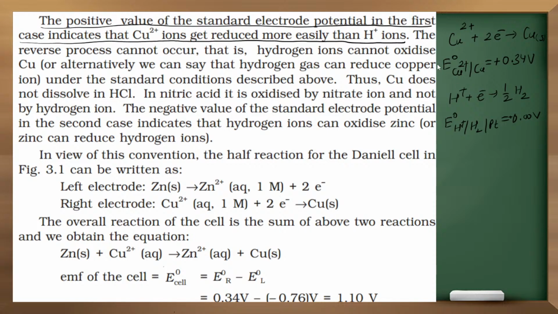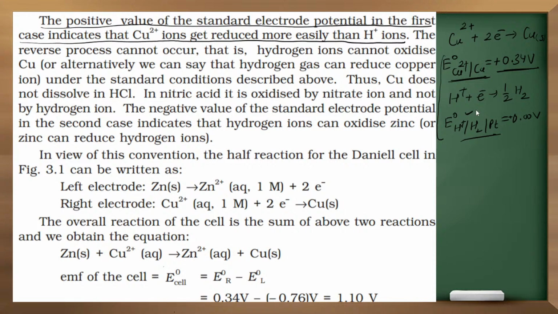So the reduction potential of copper is more than hydrogen. That means copper 2 plus gets reduced more easily than H plus ions.